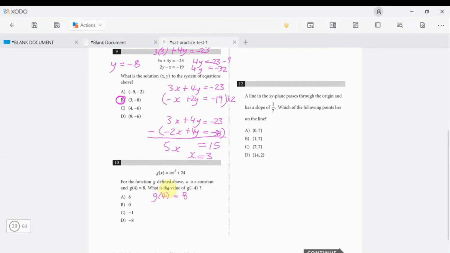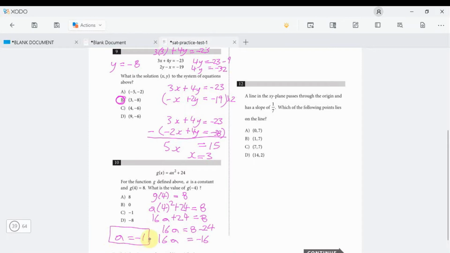So we input the x value as 4 to get a times 4 squared plus 24 is equal to 8. So that is 16a plus 24 is equal to 8. Bring the 24 over, so 16a equals 8 minus 24, which is minus 16.